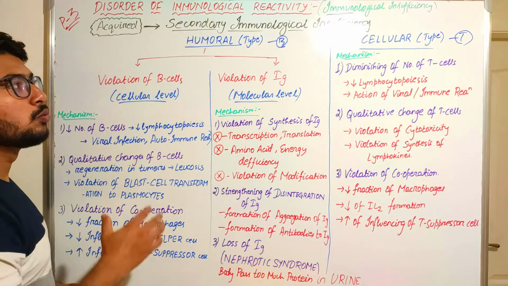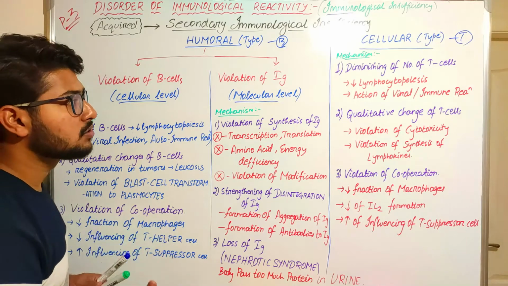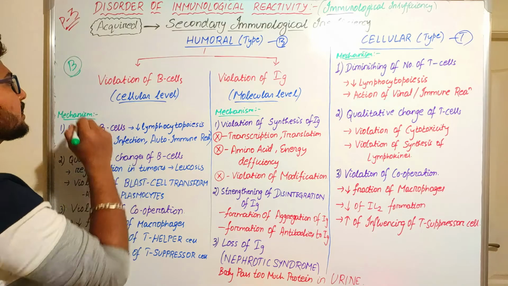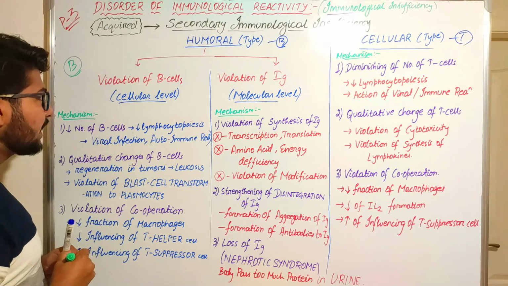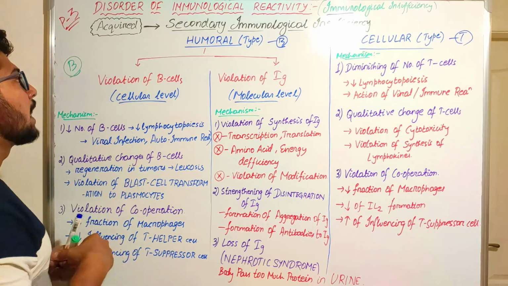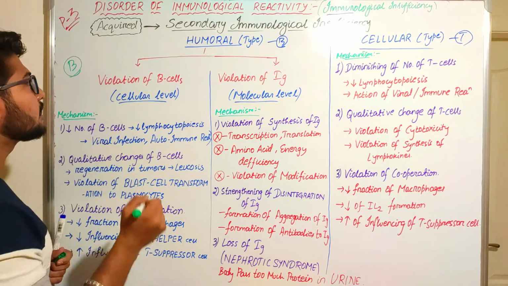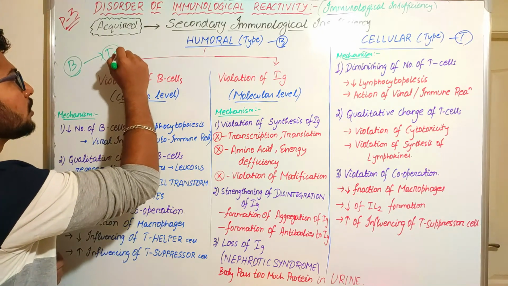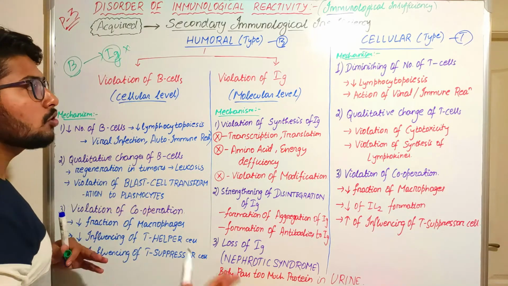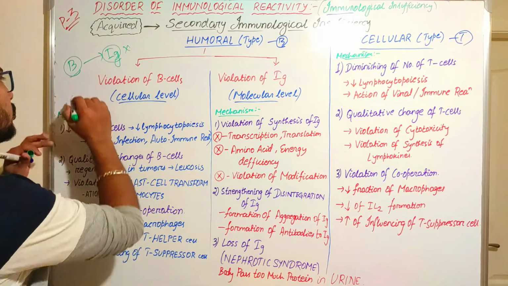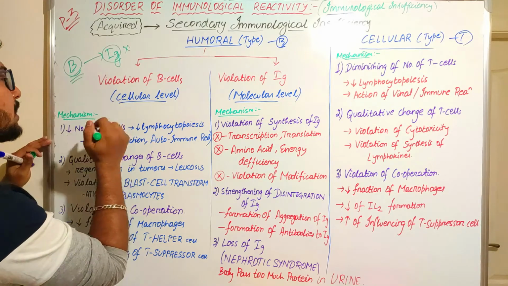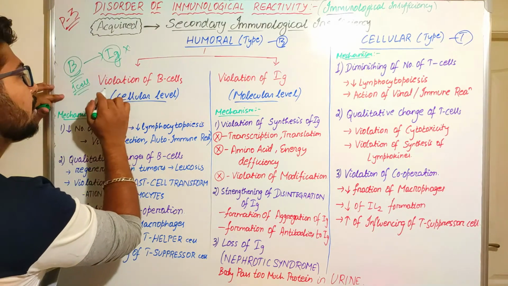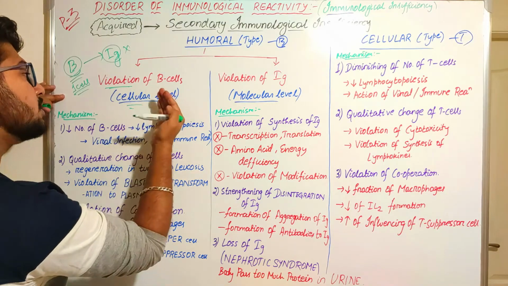As the humoral immunological reaction is not performing, the B lymphocytic cells are not functioning, and so they will not produce the immunoglobulins. Since the lymphocyte is a cell, this violation takes place at the cellular level.